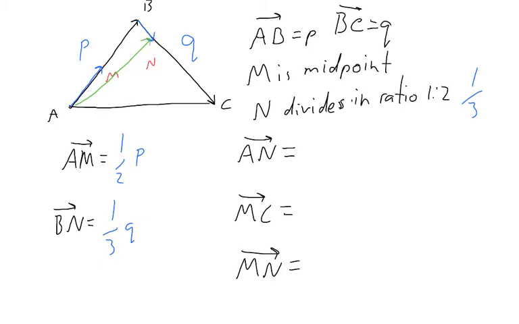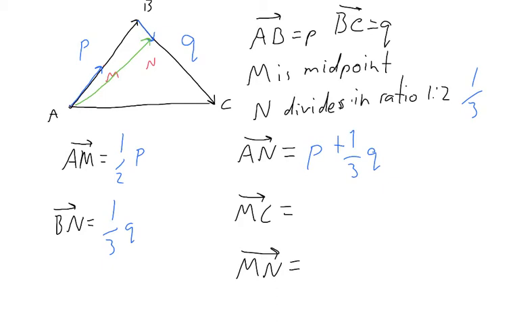So vector AN, well, that's vector AB, which is P. So we're going to get P plus that a third Q. Because that's the resulting vector of AN: the vector AB plus a third of BC, which is P plus a third Q.